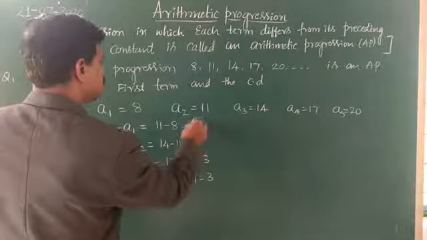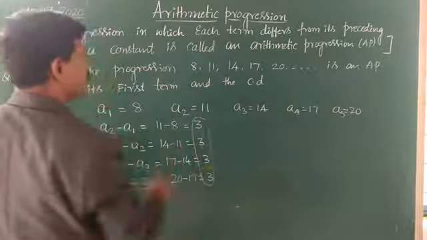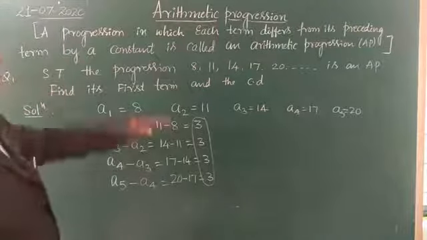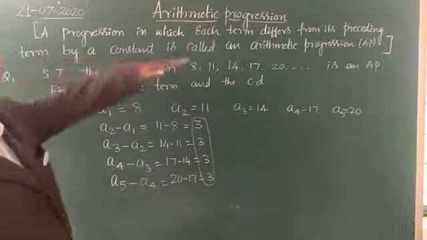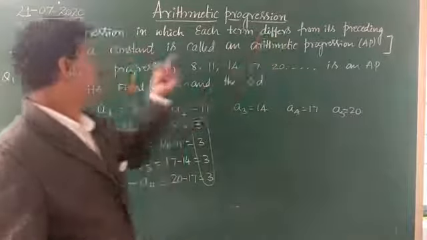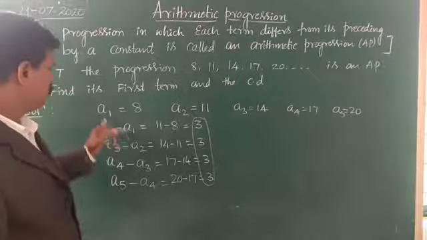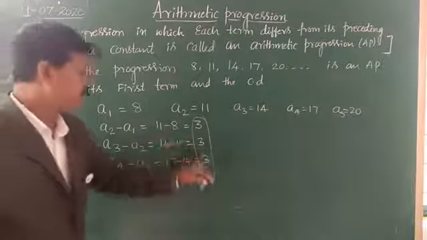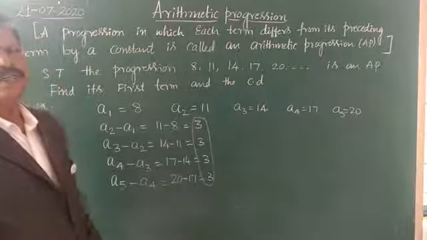Now look at these. These are the differences. So they have a constant difference. They differ by a constant. The terms that differ by a constant, that is called a common difference.